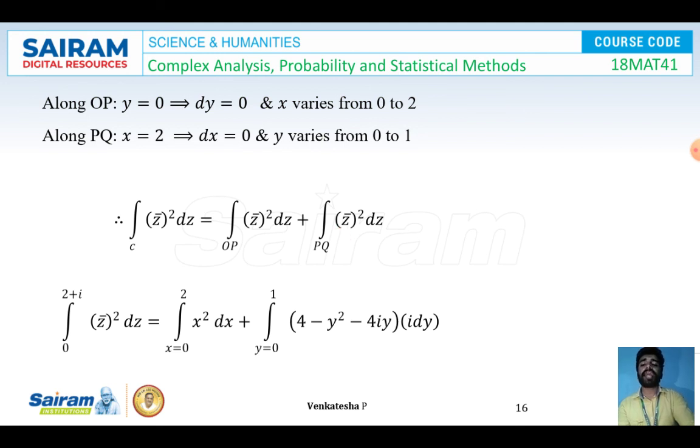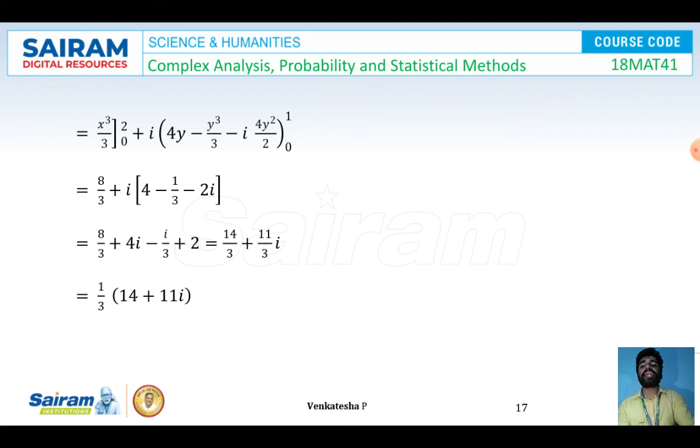So I got the equation like this: integral between the limit 0 to 2 plus i z complement whole square dz is equal to integral x varies from 0 to 2 x² dx. In this one I'm putting y is equal to 0, dy is equal to 0. Similarly in this one I'm putting x is equal to 2 and dx 0. I got this equation, that is integral y from 0 to 1, (4 minus y² minus 4iy) i dy.